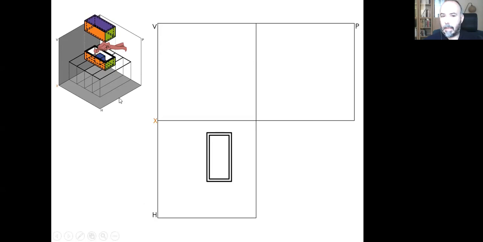So we can start now drawing the objects that we can see from the upper point of view, the top views. And here, after this cut surfaces, the closest object, the closest surface to us is the upper surface of this blue box, the blue cube.